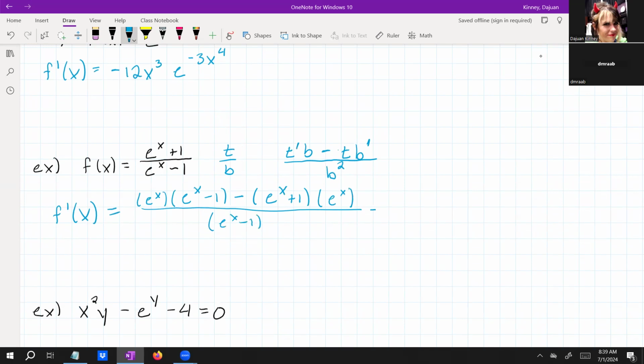And I should have left myself enough space. e to the x times e to the x is e, add my exponents, to the 2x minus e to the x minus e to the 2x minus e to the x all over, whoops, I forgot my square in there, didn't I?